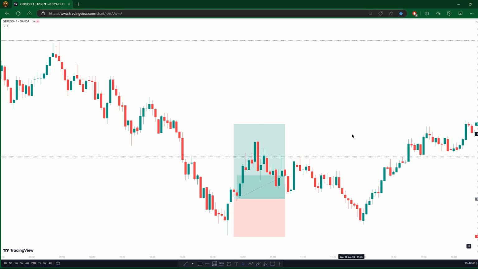Here you can see the market went down again, and this was after 11 a.m. Like I said, you have to take your buy or your sell before 11 a.m. What happens after that is just you taking a loss or a profit.